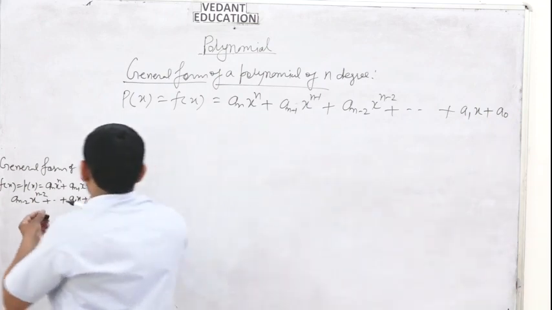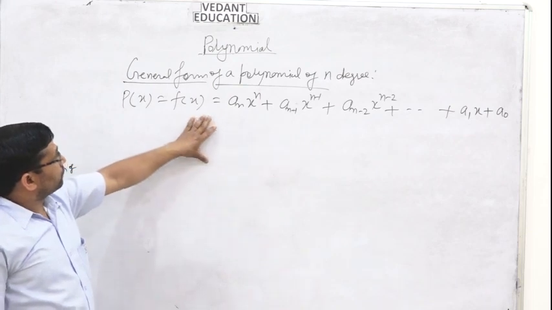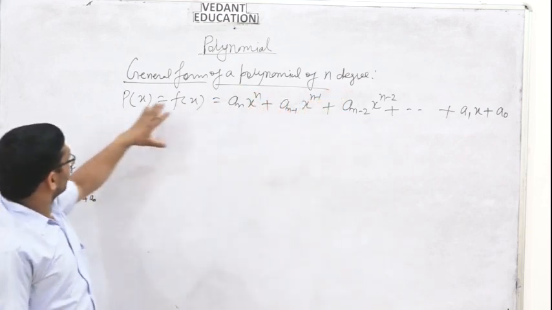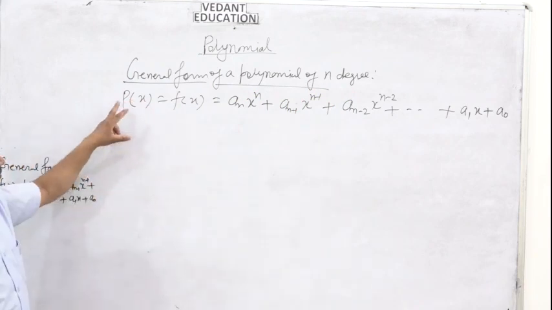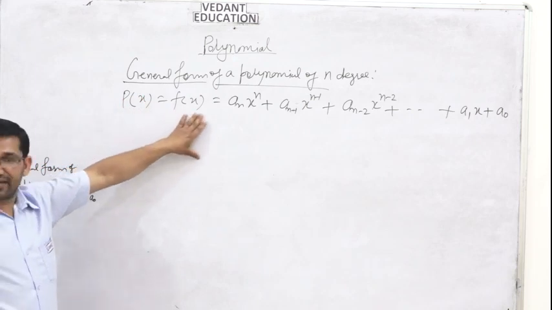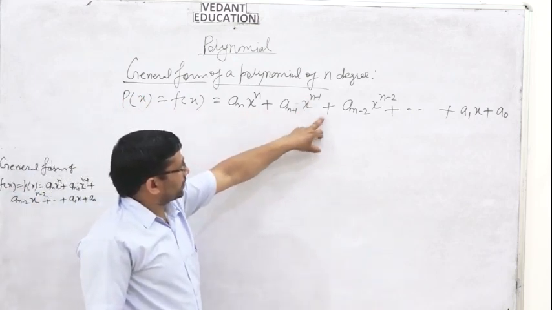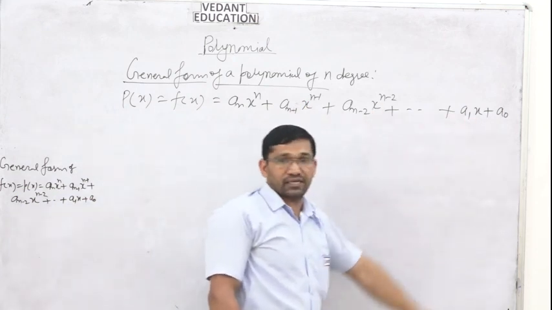This is the general form of a polynomial of n degree. P of x, p for polynomial and x is the variable. P of x we can also write as fx.